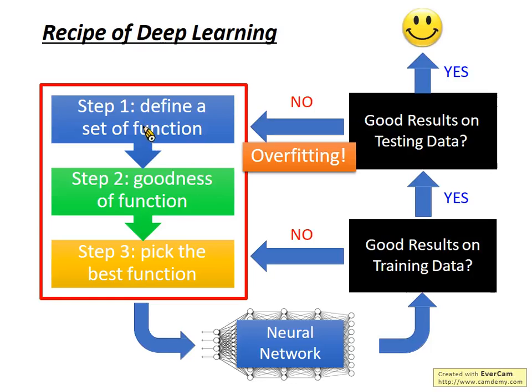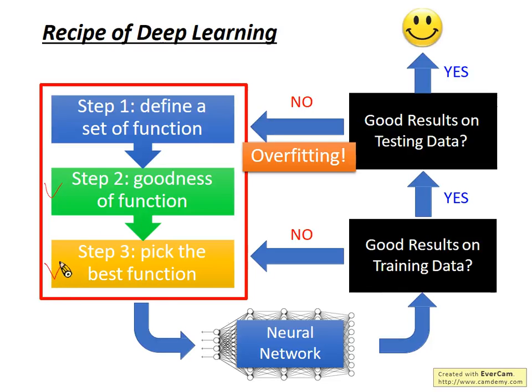So in the construction of a deep neural network, we have 3 steps. The first step is to define a set of functions, or we say that we have to define the network structure. And then we define how to measure the goodness of function.